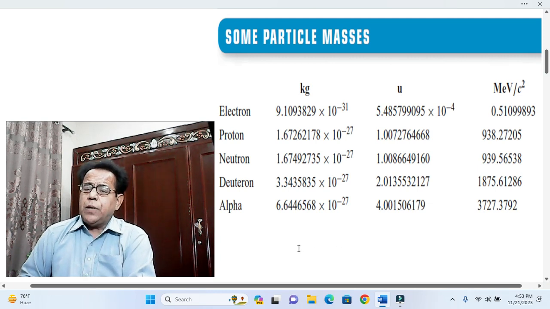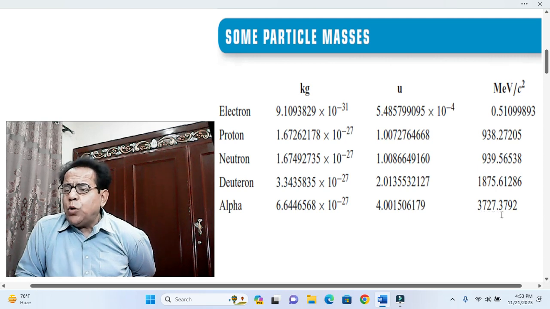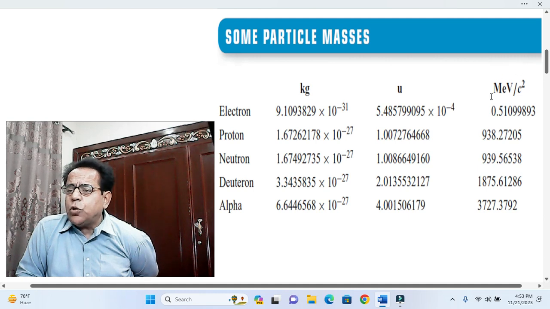Mass of alpha particle in terms of kilogram is this, which we will not use in this problem, and in terms of million electron volt over c square, it is 3727.3792 million electron volt over c square.